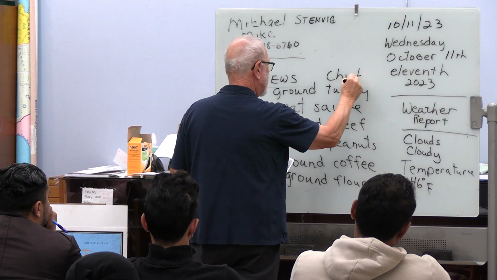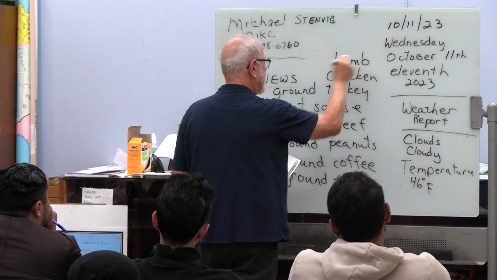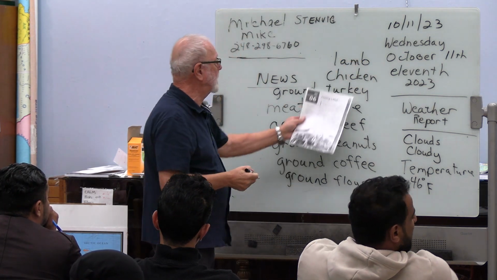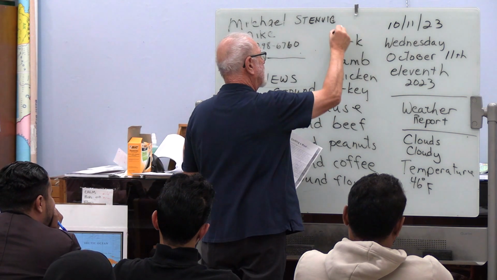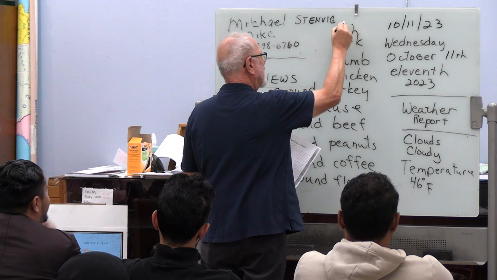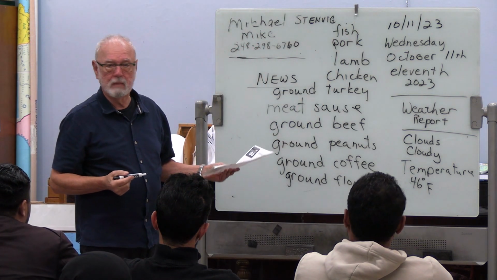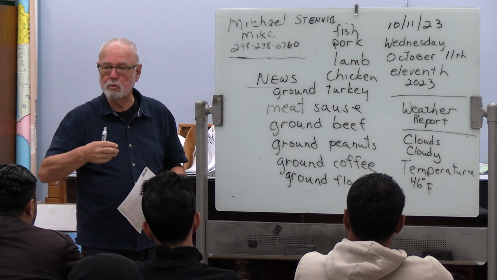Ground sauce. Turkey? Okay. Anything you make into small pieces, we say it's ground.